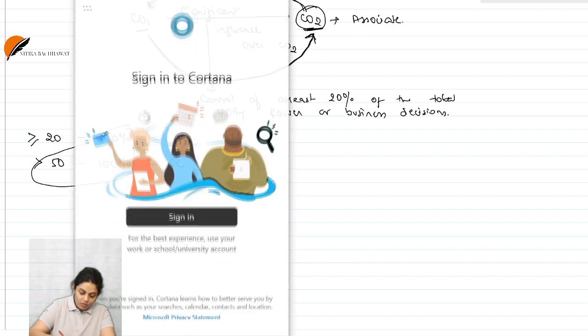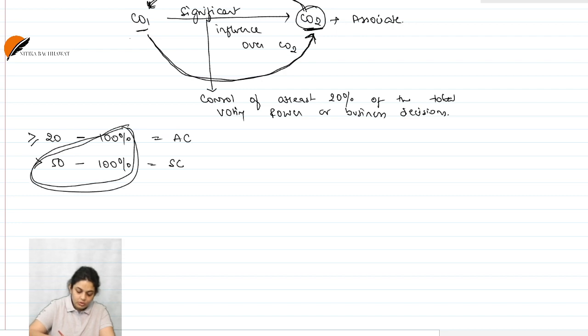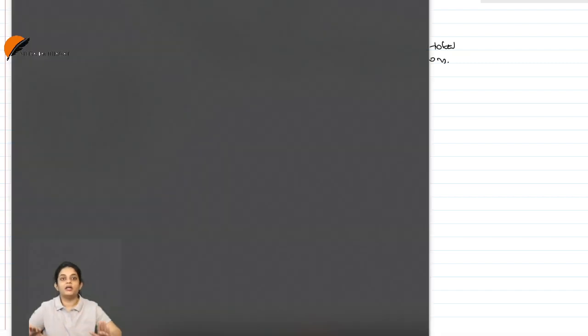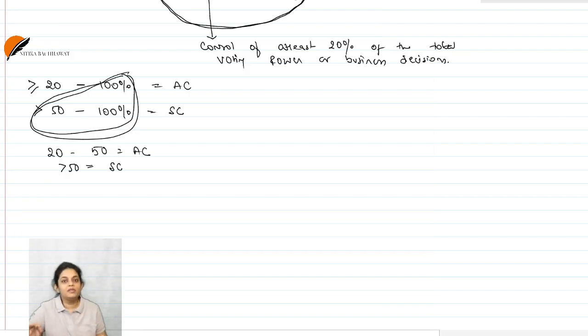Now these are overlapping. So what should I do? So they have mentioned not being a subsidiary. That means what? 20 to 50 you are associate, but the moment it is more than 50 you become subsidiary, not associate. I hope it's clear to everyone.